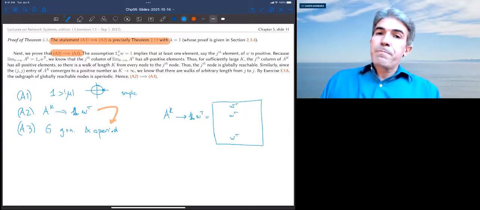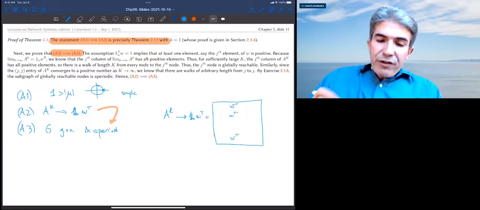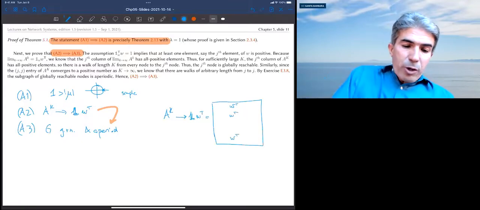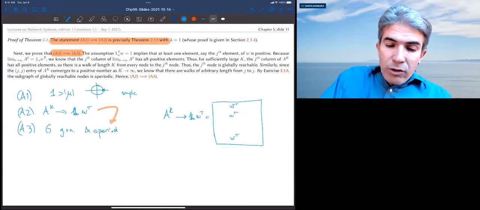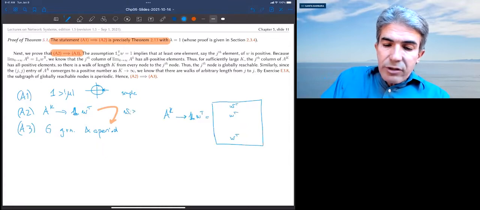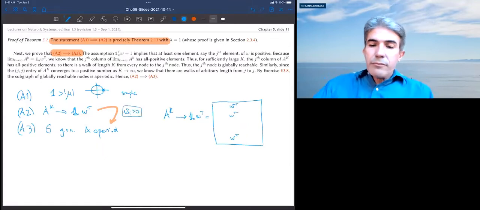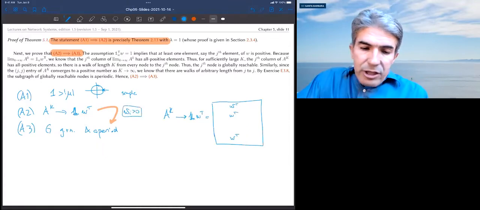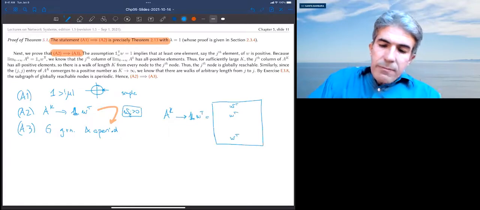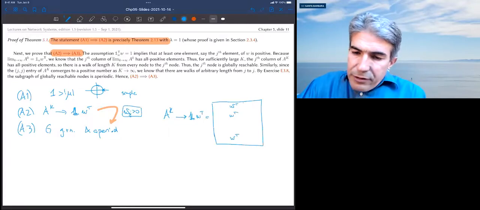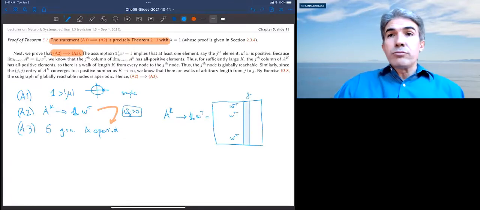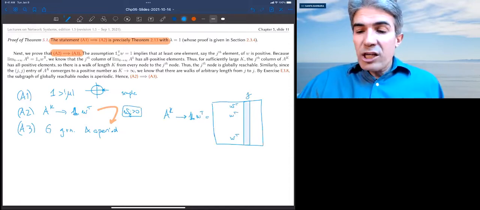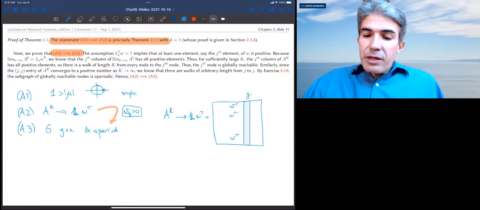Now, because of property A2, we know that there exists one node I such that Wi is greater than 0. So if I come to my matrix, let's make it J for a second, I know that there exists a J such that that entire column of 1n W transpose is strictly positive.